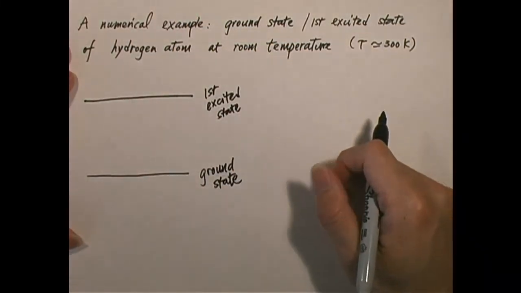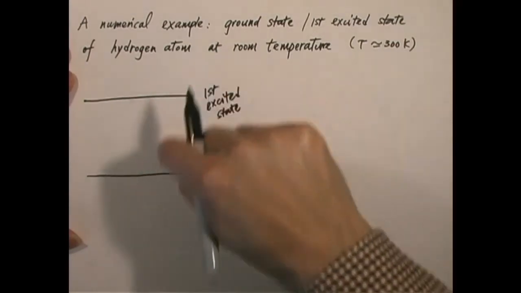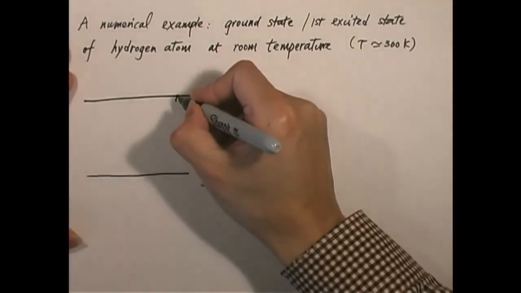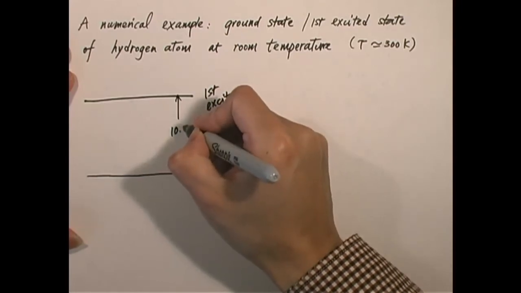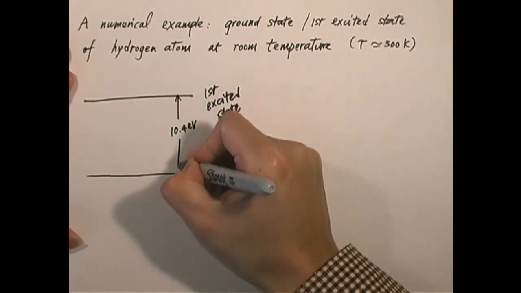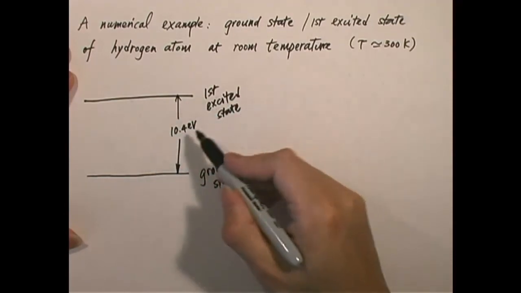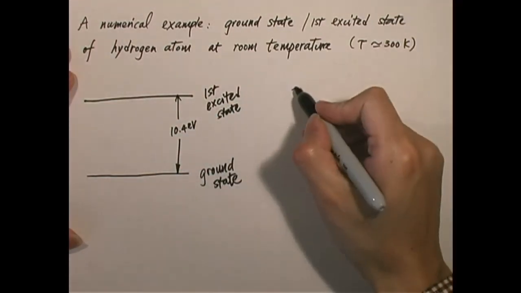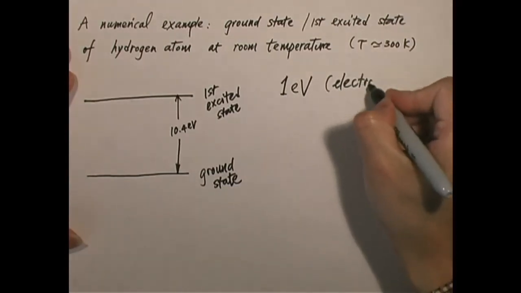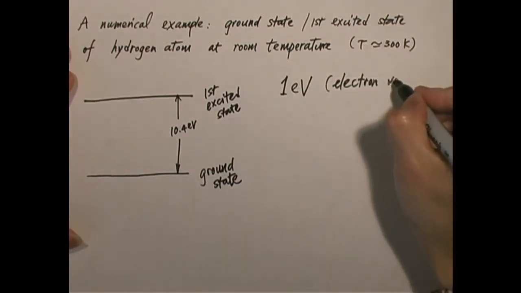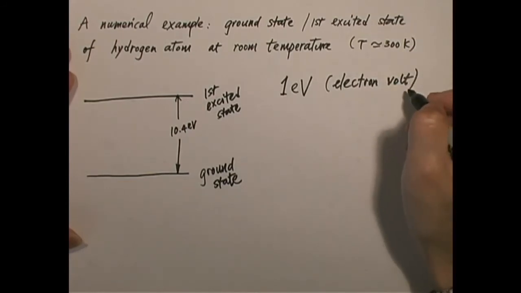Now, the energy difference between these two states can be calculated using modern physics, and it turns out to be 10.4 eV. What's eV? 1 eV is called an electron volt. It is a unit of energy. It is much, much less than 1 joule.